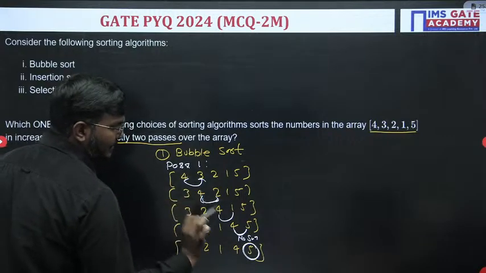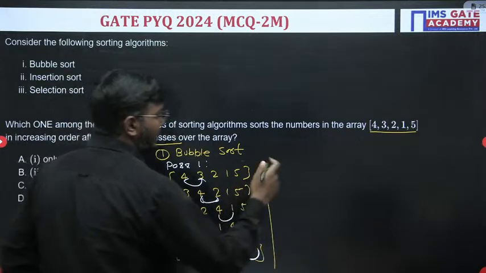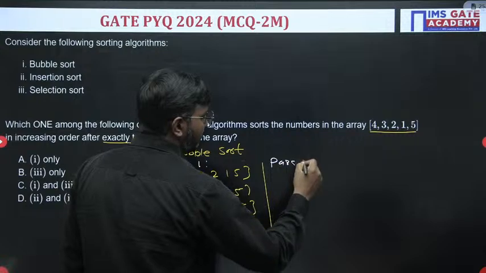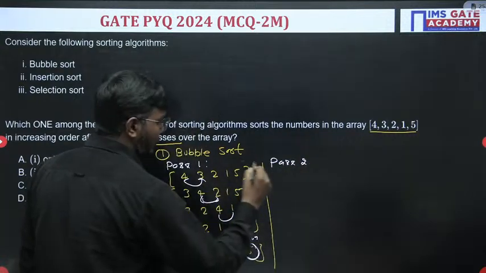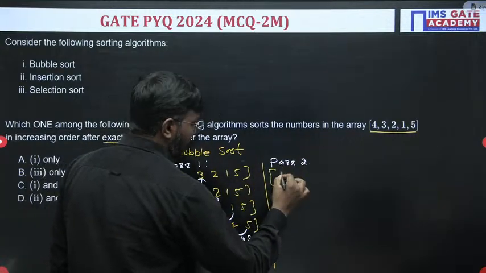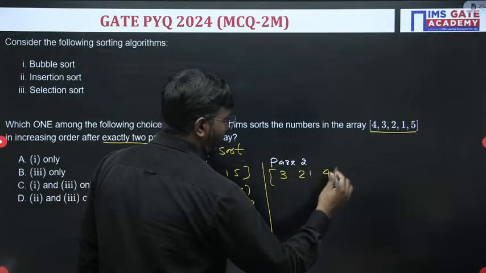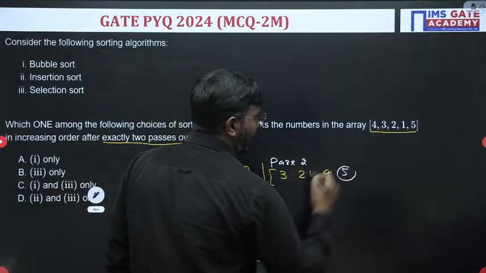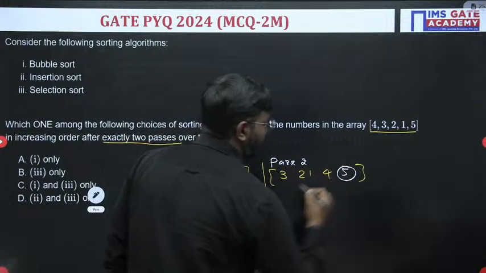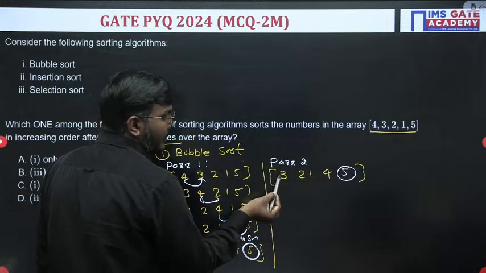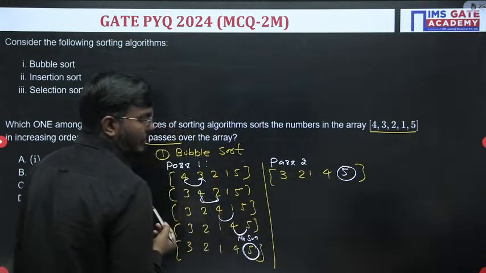Now if I take pass 2, the array will be 3, 2, 1, 4, but the element 5 is fixed at the last position. Our algorithm will work only on the remaining part.